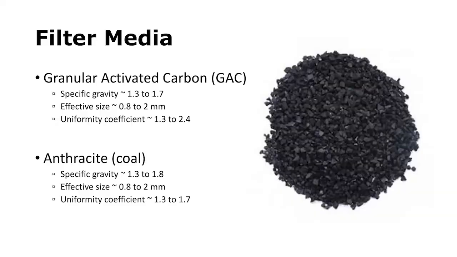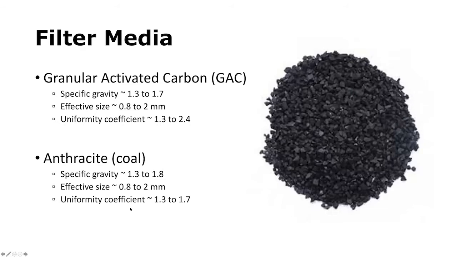Now, the other parameter again is what type of media are we going to use? So we've got different types of materials that are commonly used in water treatment filters. The first, granular activated carbon, has a specific gravity of 1.3 to 1.7, an effective size that typically ranges between 0.8 to 2 millimeters, and uniformity coefficients which typically range from 1.3 to about 2.4.